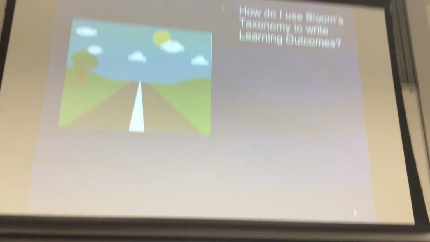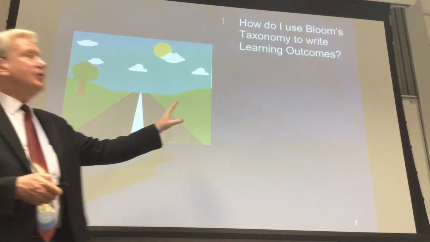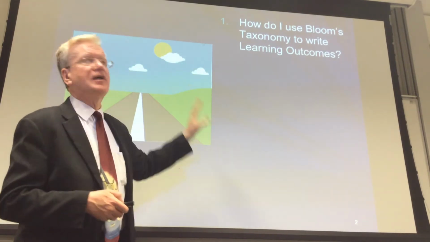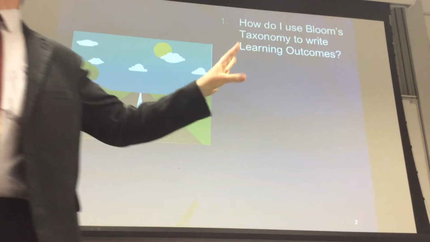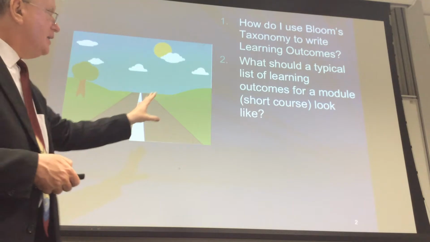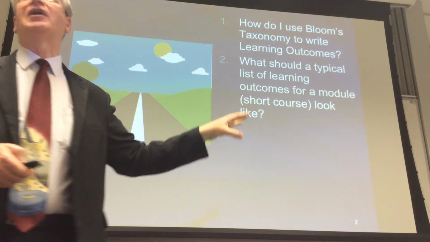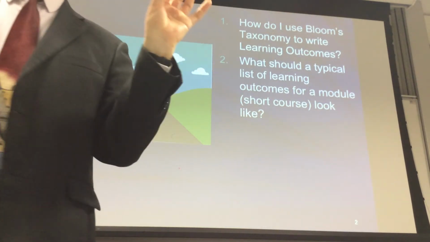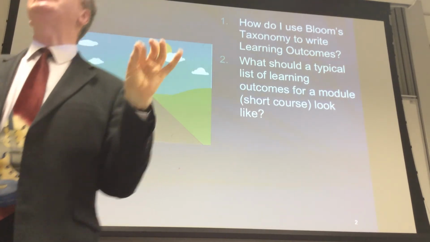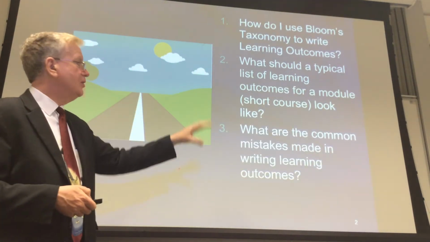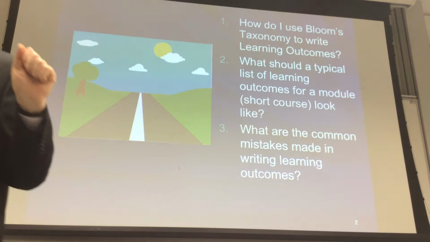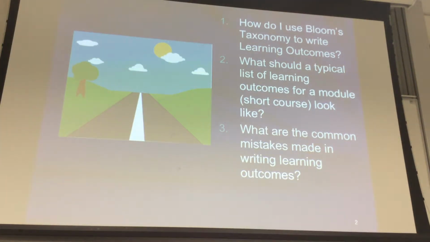Now, what we're going to do is look at what's called Bloom's taxonomy to help us write learning outcomes. Then we look at examples of a module which has learning outcomes written for it. And thirdly, we look at the common mistakes that you find when professors write learning outcomes.